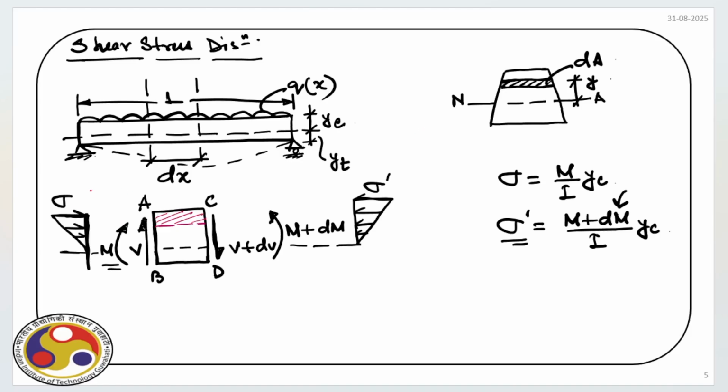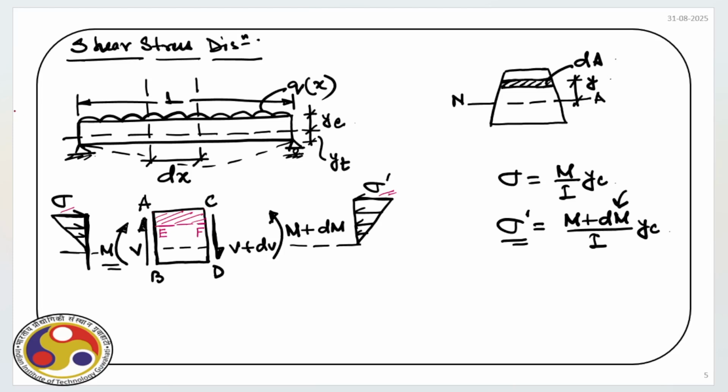Now, obviously, from the left face, where we have sigma as the stress, and the right face, where we have sigma prime as the bending stress, for each face we can quantify the amount of force. So we can quantify the force on the face, say this point is E and this is F. So we can quantify the force acting over AE and force acting over CF.